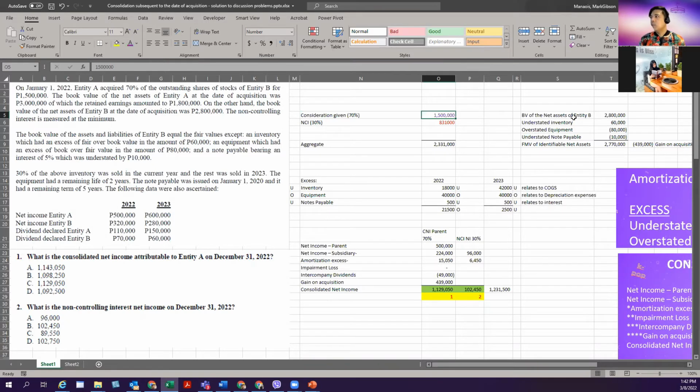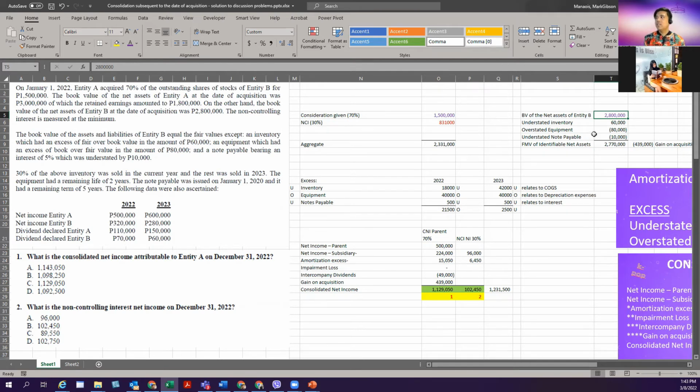Ngayon tingnan natin yung book value. So sabi natin yung book value of the net assets of entity B was 2,800,000. Yun nga lang, merong mga adjustments. Sabi kasi dyan, book value of the assets and liabilities of entity B is equal to the fair values, so lahat daw equal except for 3 items. So meron tayong inventory, which had an excess of fair over book value in the amount of 60,000.